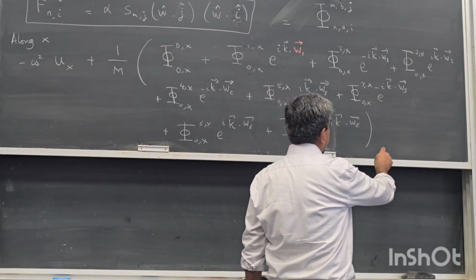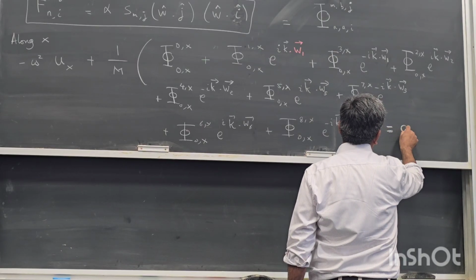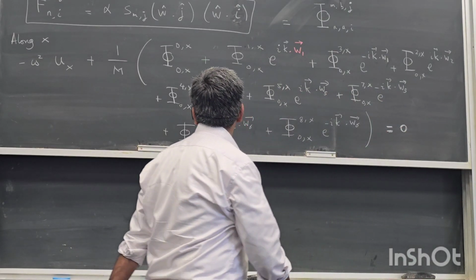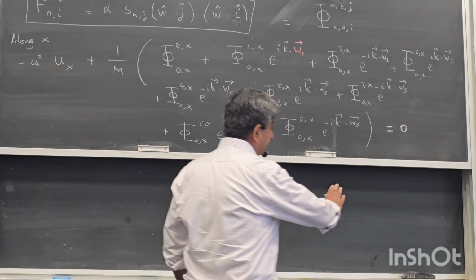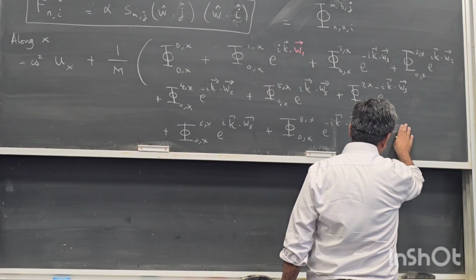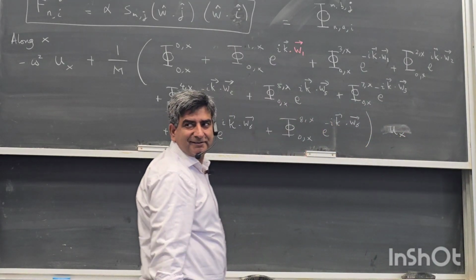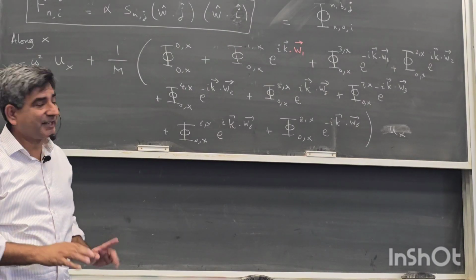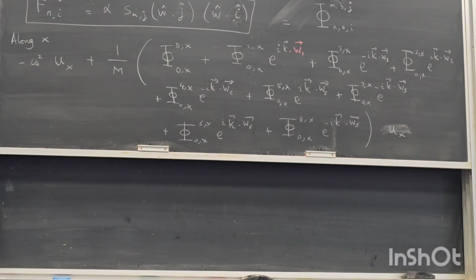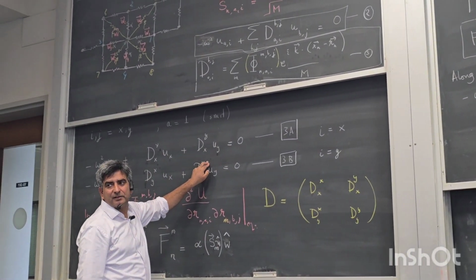This must equal 0. And this, oh sorry, this is not complete as yet. This multiplies with ux. Still not finished, because we must take into account this term as well.